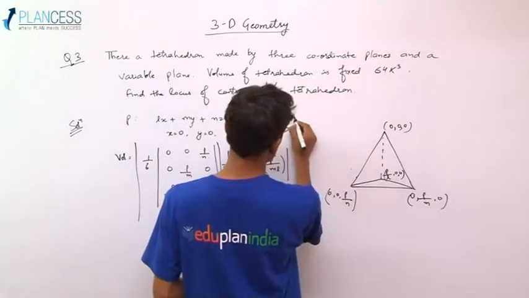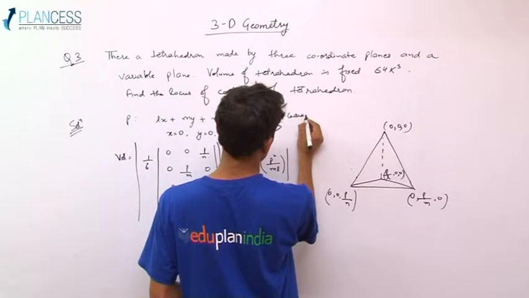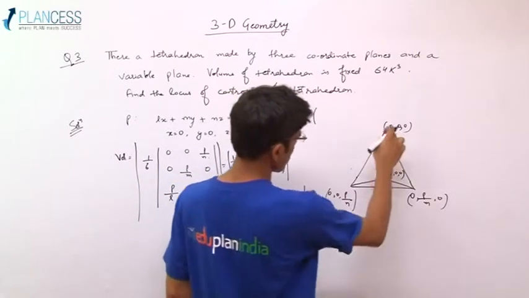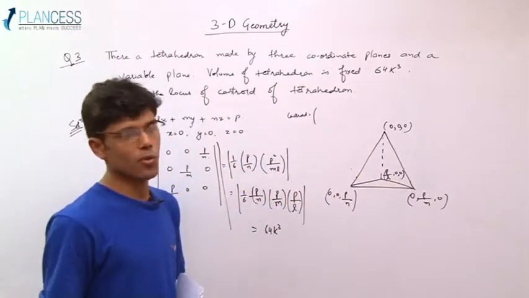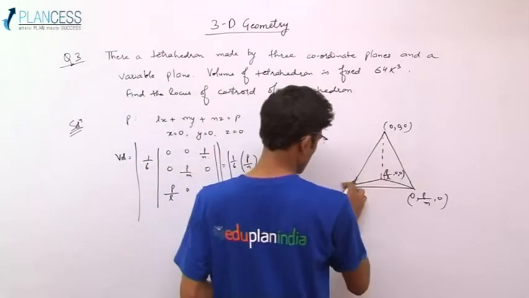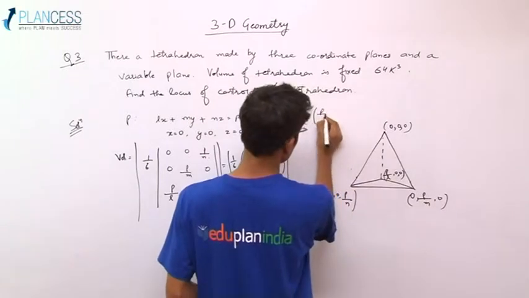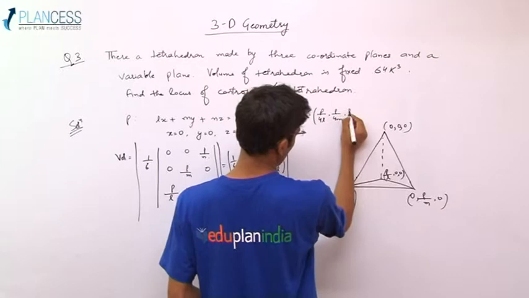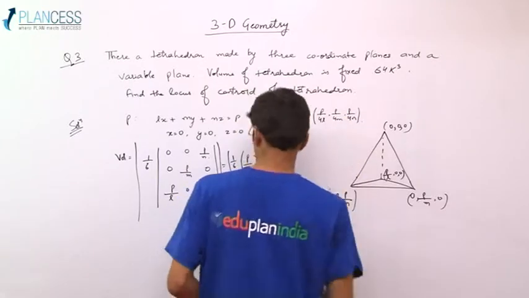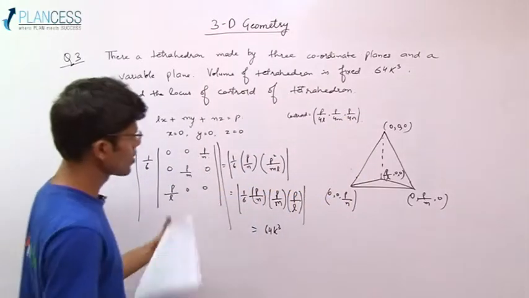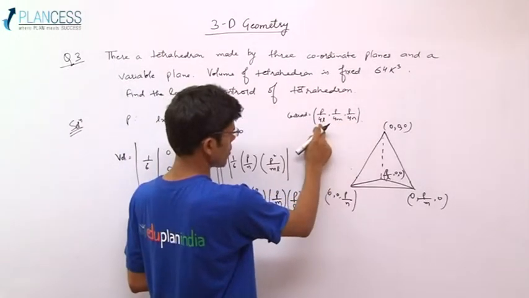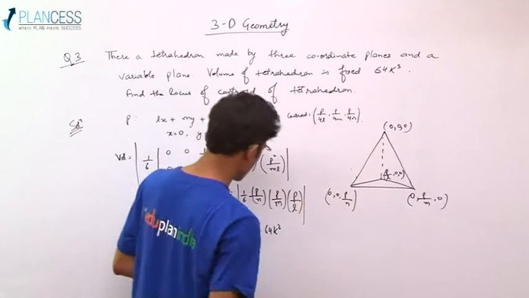So centroid is the sum of the x coordinates of all its 4 points divided by 4. So this plus this plus this plus this, so this is p by 4l, similarly p by 4m and p by 4n. So to get the locus, x is replaced by this, y is replaced by this, z is replaced by this.